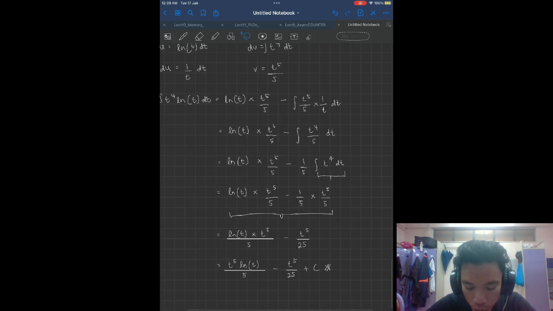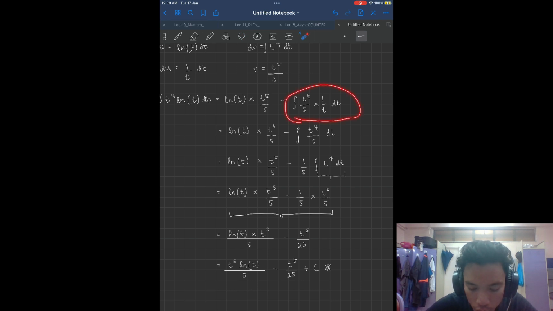First, we have to simplify the integration here. t^5 over 5 multiplied by 1 over t, we can get t^4 over 5, and t^4 over 5 dt.